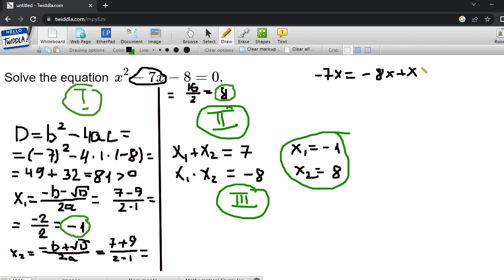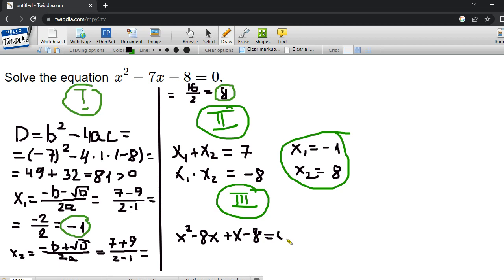Let's use it. So we have x squared minus 8x plus x minus 8 equals 0.